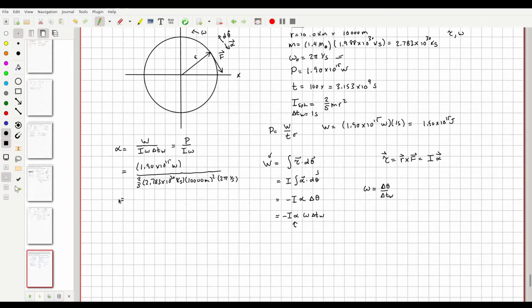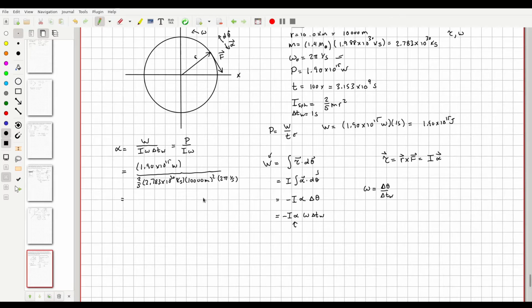So there's that divided by 2/5 times 2.783 times 10 to the 30th times 10,000 squared times 2 pi radians per second.